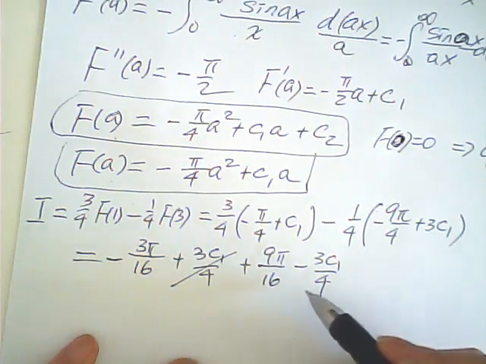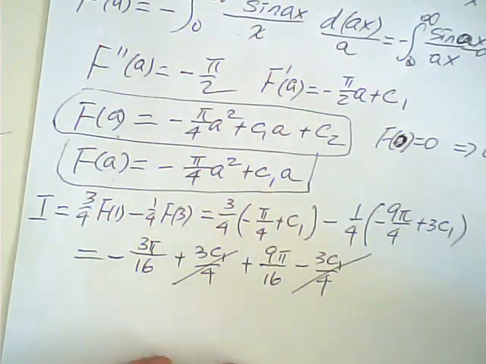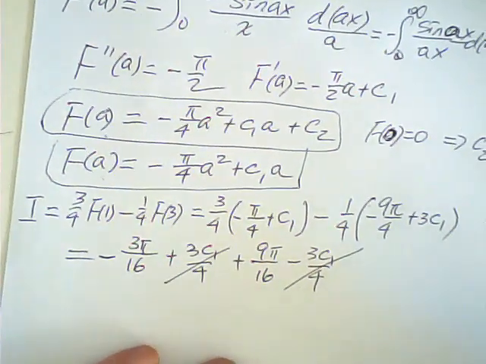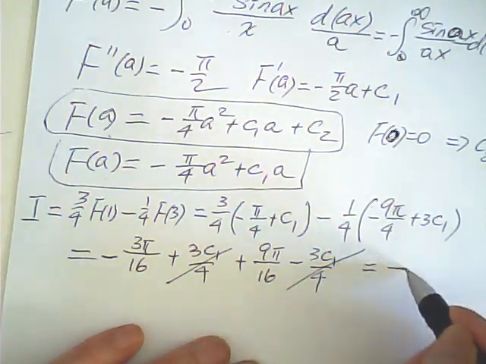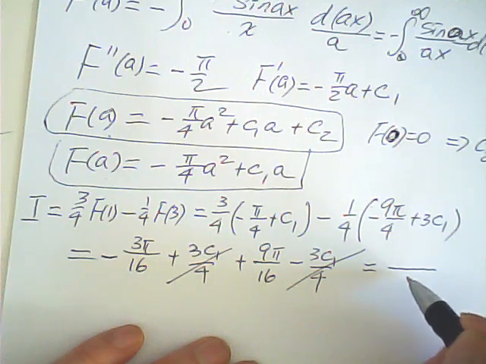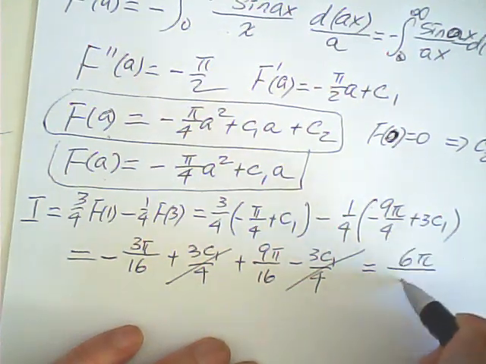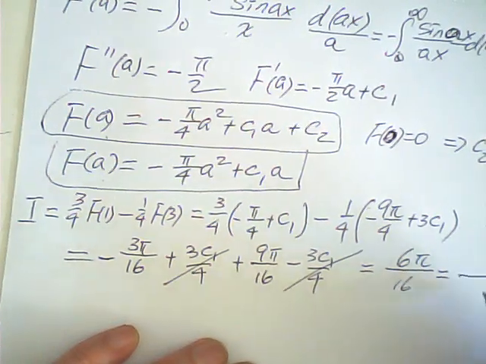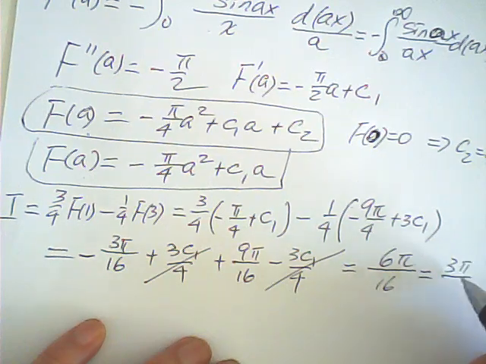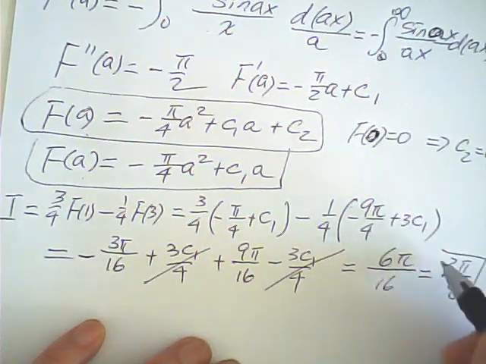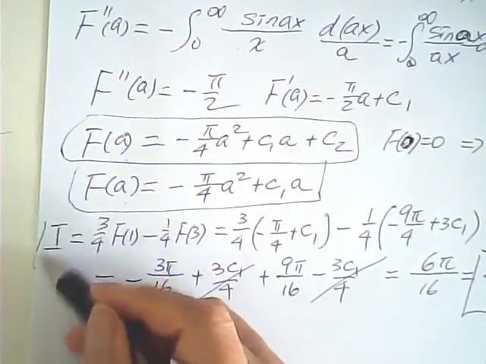See, we can cancel that. That is the solution. Then this will be 6 pi over 16, which is equal to 3 pi over 8. Wow, that is my I.